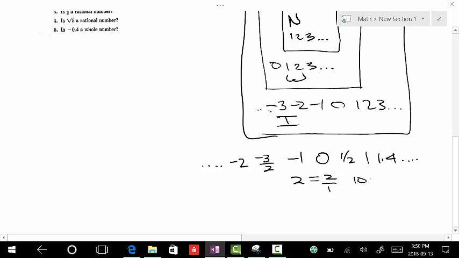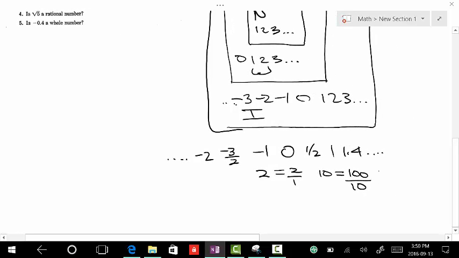The number 10 is a rational number because that's the same as 100 divided by 10, the ratio between two numbers, or even 10 divided by 1. So rational numbers include negative numbers, 0, positive numbers, but also decimals and fractions.